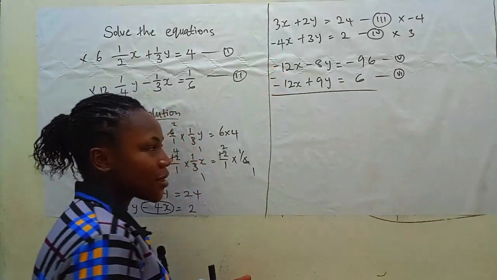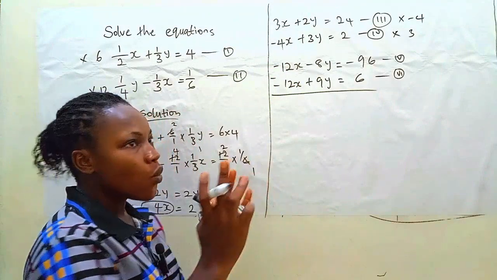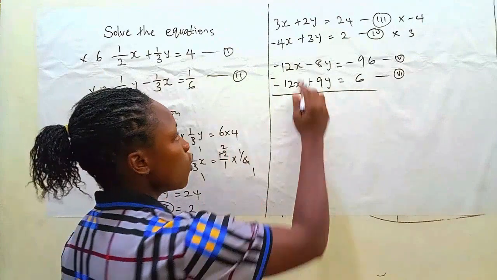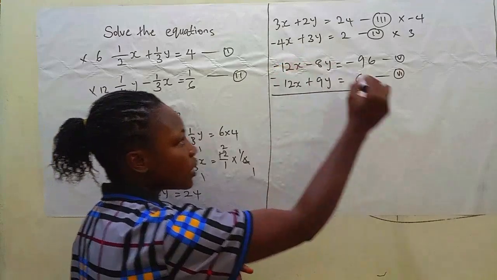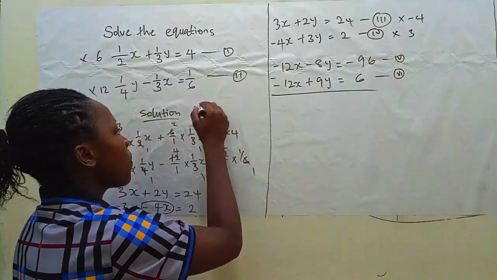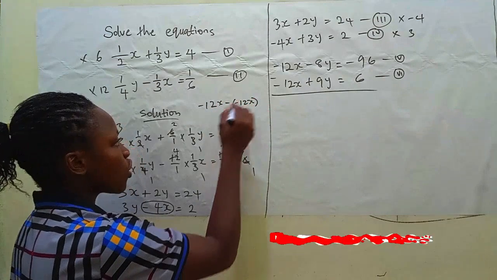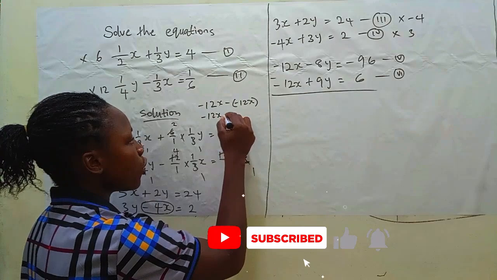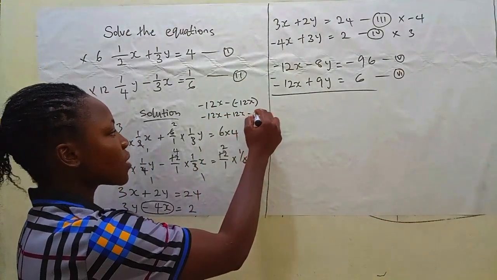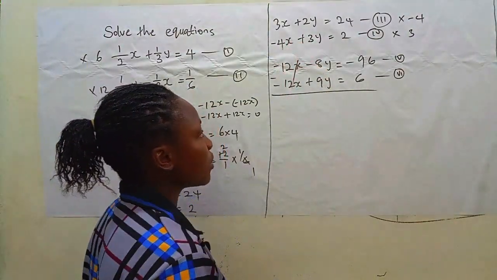Minus 12x minus minus 12x: negative sign times negative sign is positive, so we have minus 12x plus 12x. Once we add them, we get 0.